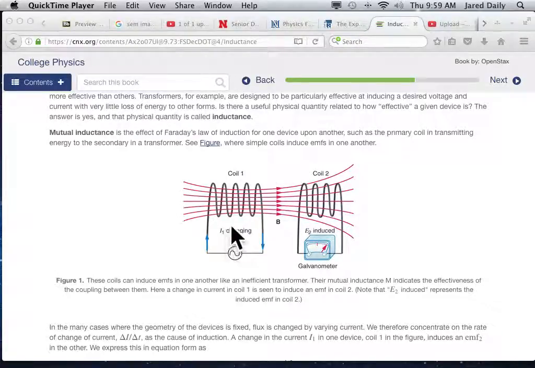It goes back and forth and back and forth. So whenever you create a current in a coil that creates a magnetic field that affects some other coil nearby, they affect each other constantly. It's called mutual inductance. They're always inducing currents in each other.